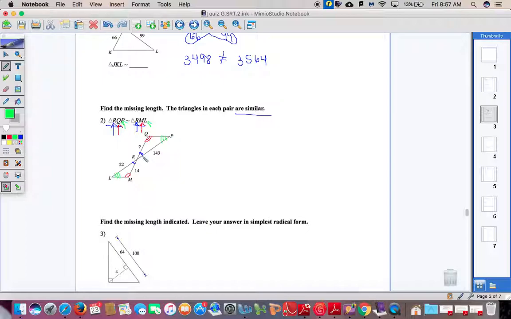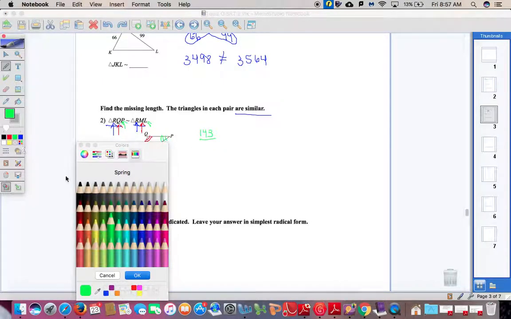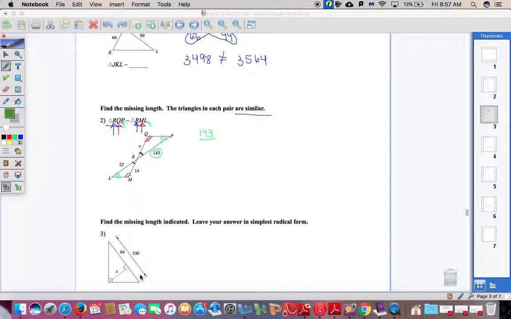Okay, so once you have that, it's easy to see what sides should correspond with each other. So between one arc and three arcs, we've got this side length here of 143. And let's change this to a darker green. So we've got 143 here, and between the 1 and 3 arcs down here, we have 22. So those sides correspond to each other.